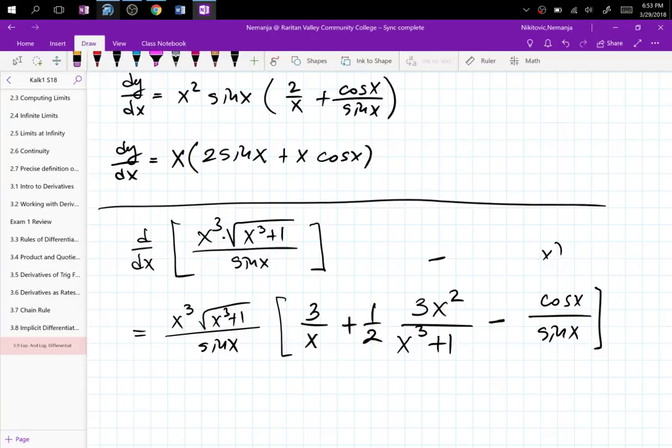This is the derivative. Now you can go and make it prettier if you can, and you do. You can put this 3 over here, and you can do cosine over sine is cotangent. And you made it a little bit prettier. But as you can see, you go from the problem directly into the answer, but there is a condition.